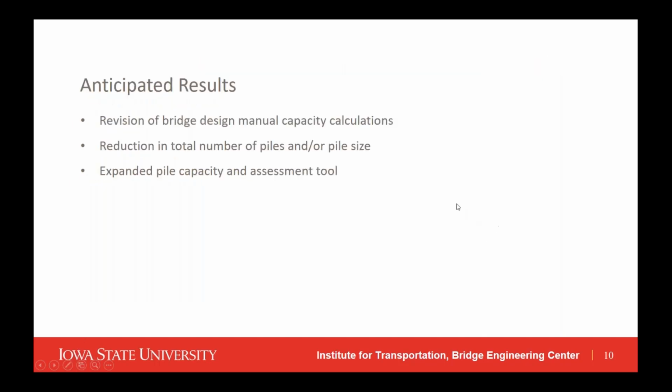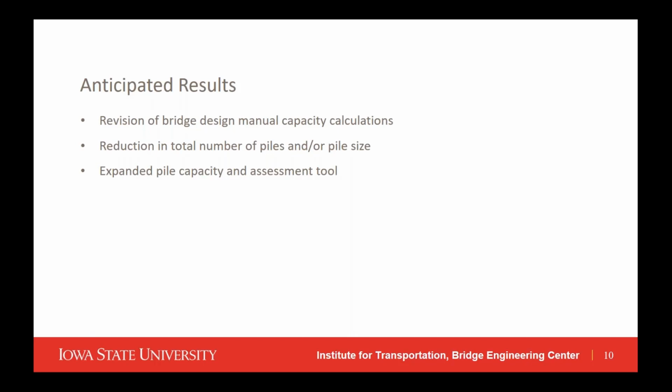So anticipated results for the project, obviously, is the revision of the bridge design manual for the DOT, or if not an outright revision, just provide a tool that they can use in conjunction with their current methodologies.